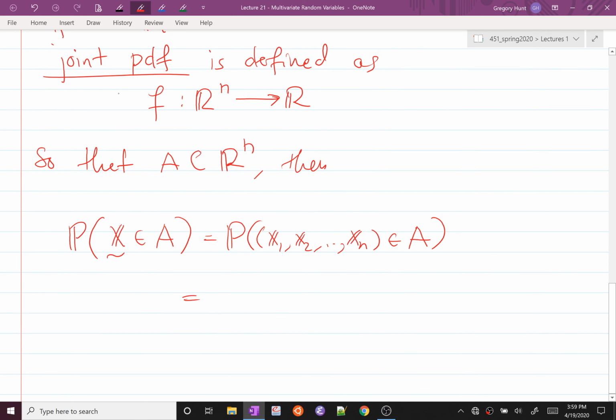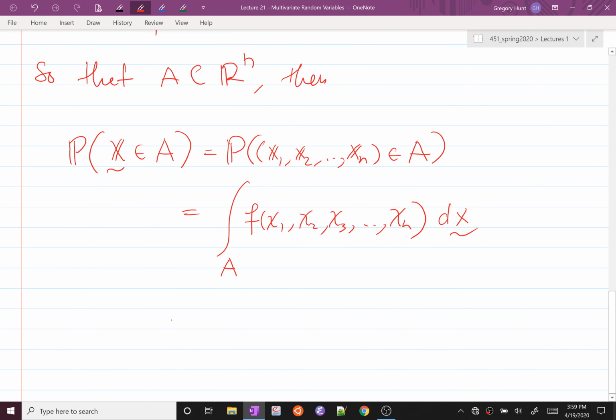Our definition of our joint PDF is that to get that probability, we integrate our function f of x1, x2, x3 all the way up to x sub n over A. What I really mean here is some multiple integral over whatever the bounds are that define A. So there are n integrals here, and it's an n variable function, with dx1, dx2, etc., dxn.